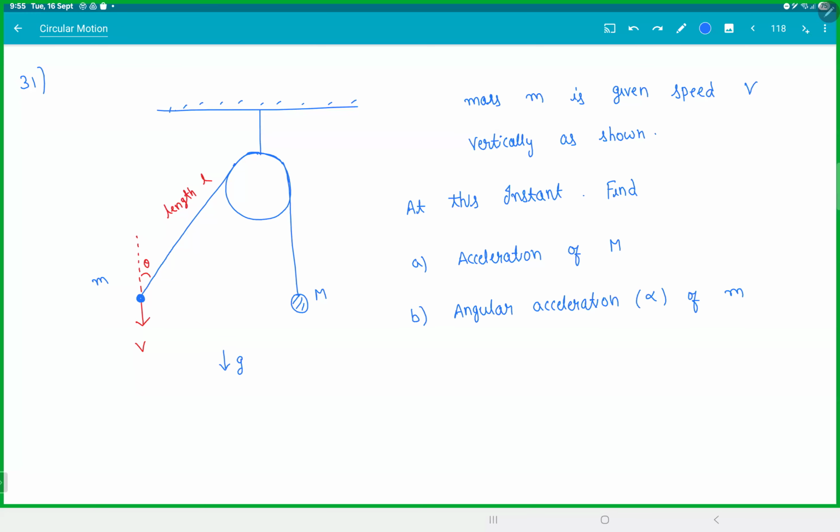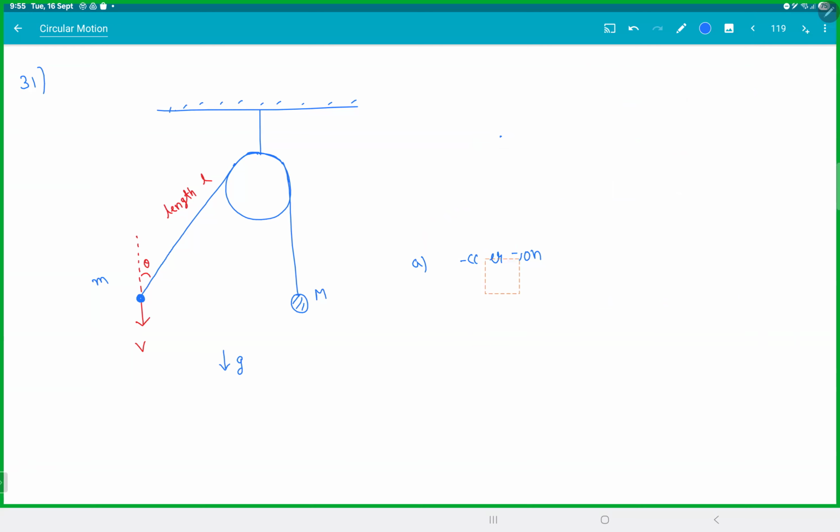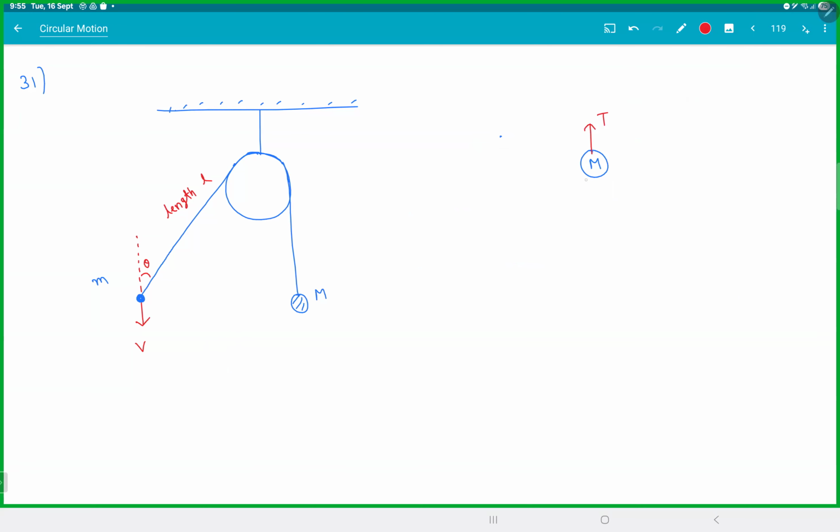Start with the free body diagrams. So first of all, let's take capital M's FBD. What are the forces? Tension, capital Mg.